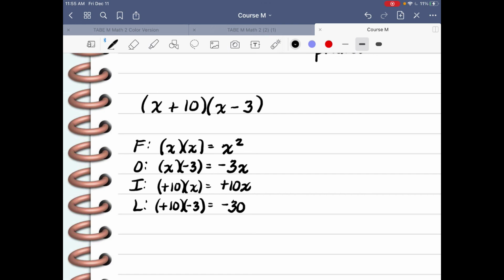And then you need to combine like terms, which would be these two. If I had 10 x-rays and I lost 3 x-rays, I now have 7 x-rays.